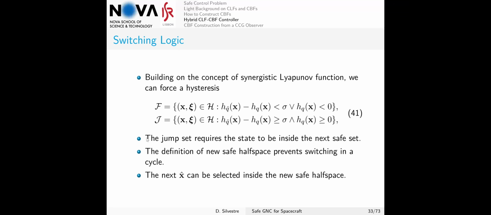And so now the jump set just requires that the system drives to the next subset before we do the next flow. And the only thing that is required, as I was saying, is that the definition of this safe half space is still valid. So once we do the shift, you are still okay with the new CBF, and that is used with these X hats. There are a lot of ways that you could design this X hat.